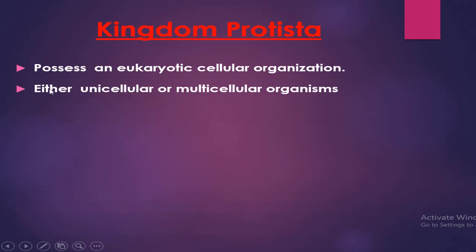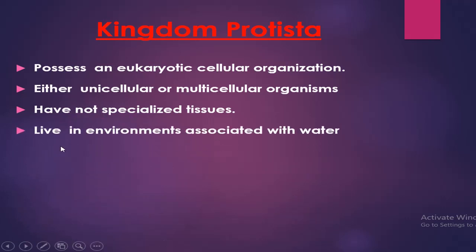Next, they are either unicellular or multicellular organisms. It means Protista sometimes may be unicellular or sometimes may be multicellular. Both can be seen. They do not have specialized tissues. Next, they live in environments associated with water.